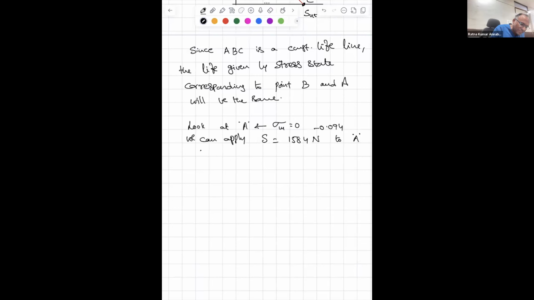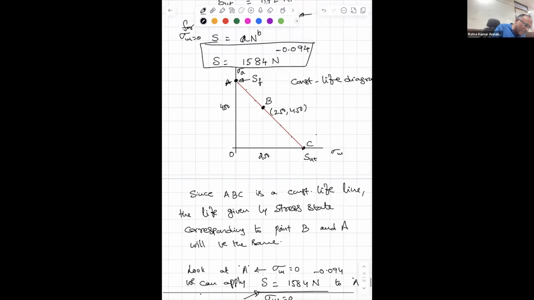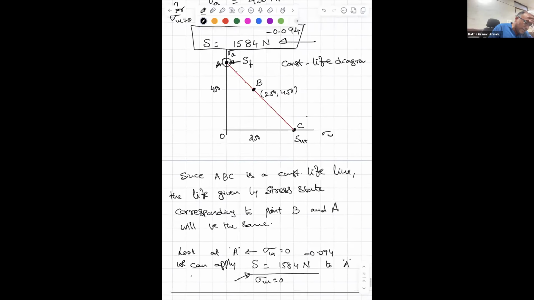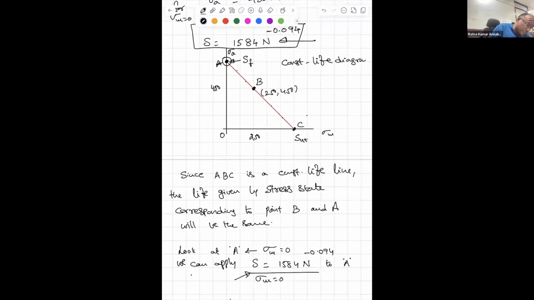You understand why I am applying this formula there? Because this formula is suitable when mean stress is equal to 0 for that material. It is the same material and this point corresponds to that, and hence the stress state at this point should satisfy this line equation, isn't it? Yes, sir. So I need to find out the life, right? What will be this point, SF? Can I find out SF?